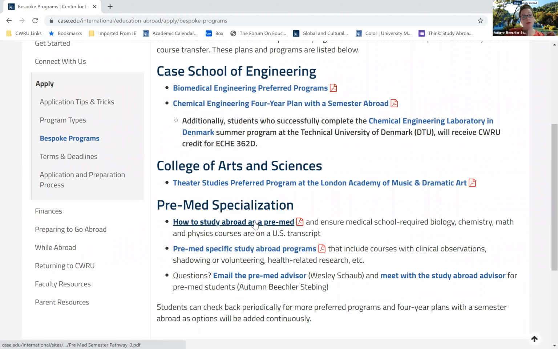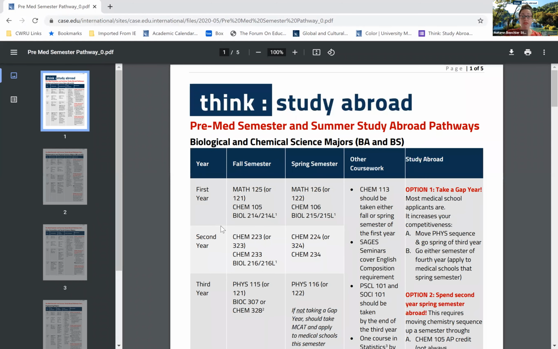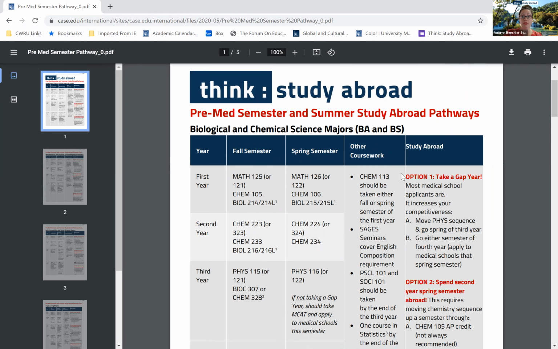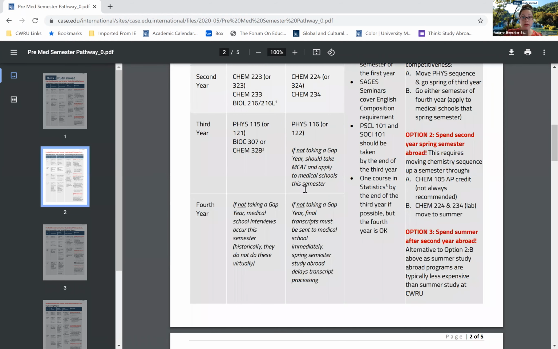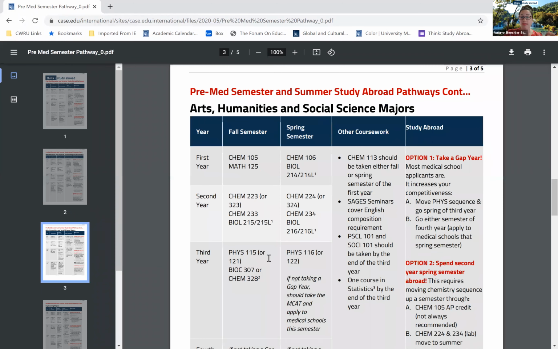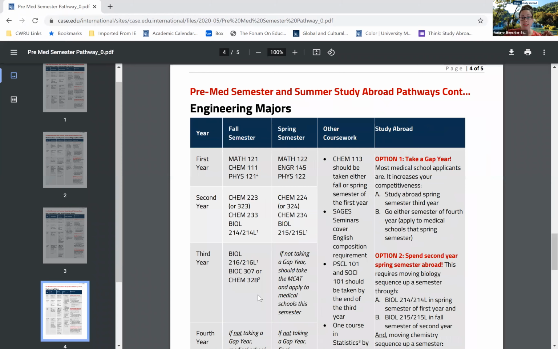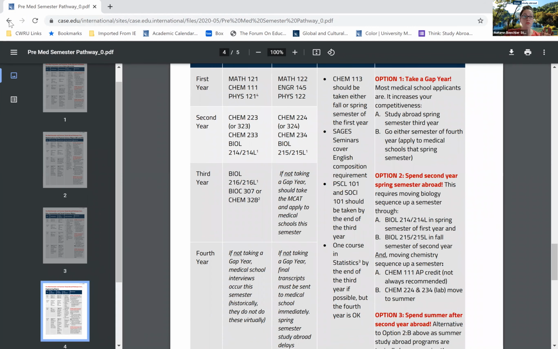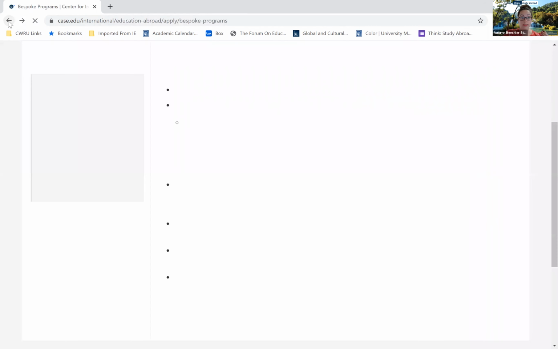For pre-med, we have a whole chart here for how exactly to make it work as a pre-med student. If you're biological and chemical science, what to move around. If you're math and physical science, what to move around. Same thing for arts, humanities, and social sciences, and engineering. So know that that's there. That should be step one to take a look at.